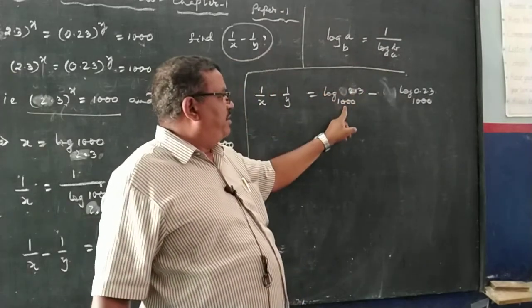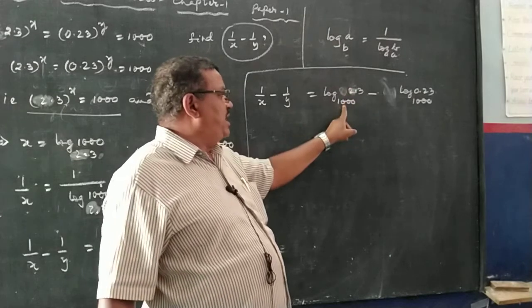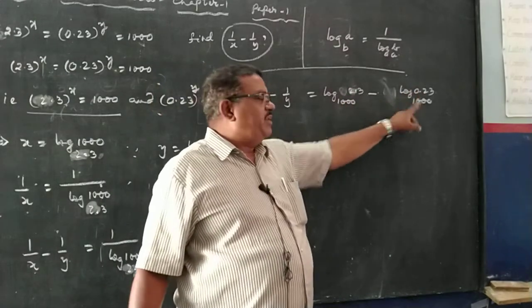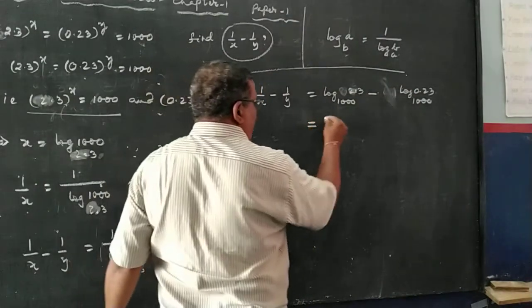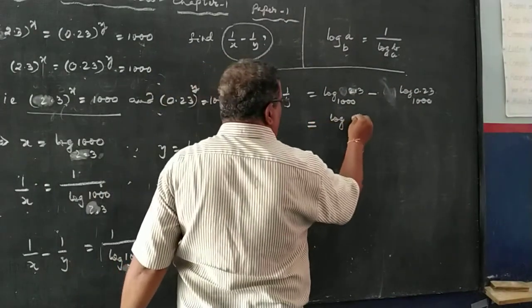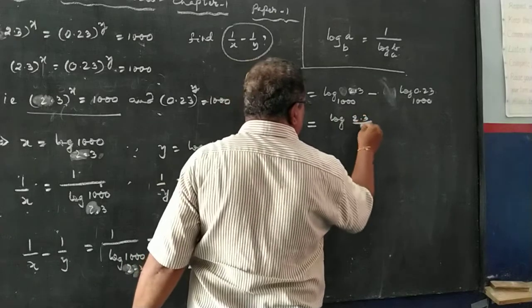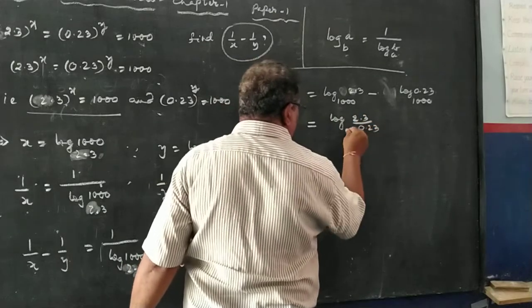Log x base a minus log y base a. Log x minus log y is nothing but log x by y. That is log 2.3 by 0.23 base 1000.